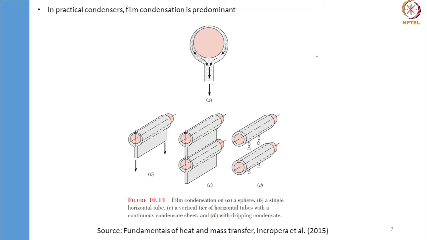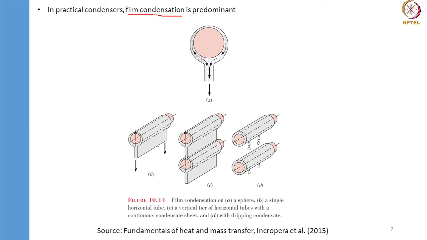We need extremely clean surfaces to achieve dropwise condensation. In most practical heat exchangers, we cannot sustain that over a long period of time. So what happens is we always fall under filmwise condensation for these particular tubes. We use mostly copper, so it falls mostly in the filmwise condensation regime.